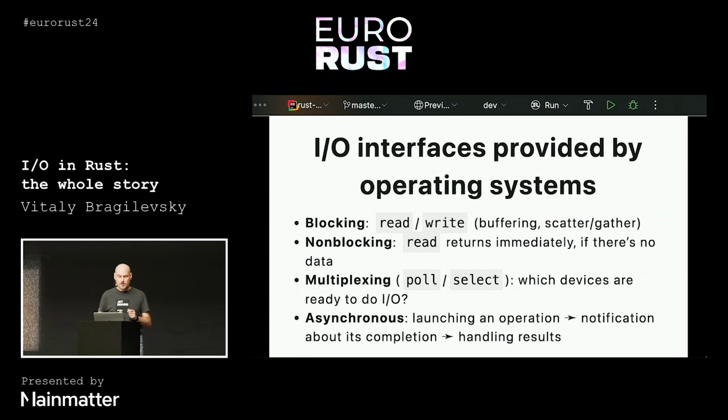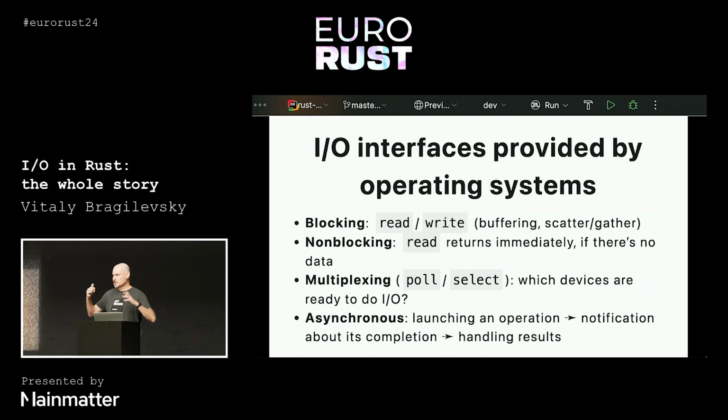And then there is also the asynchronous interface. Any operating system now provides some sort of asynchronous I/O interface. You have some operation, you launch it, but you don't wait until it's ready, because there will be some form of notification about its completion.